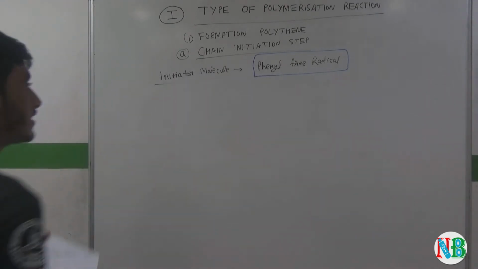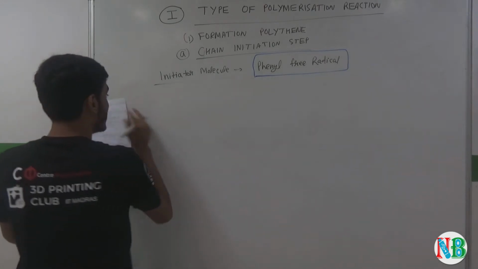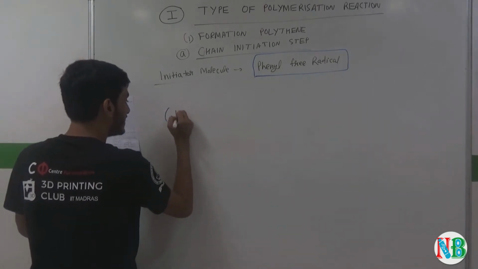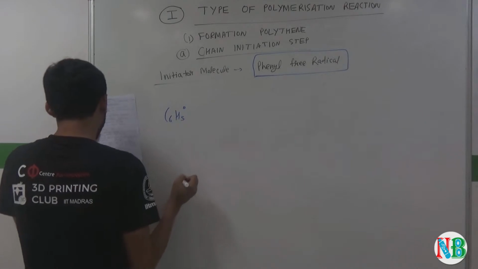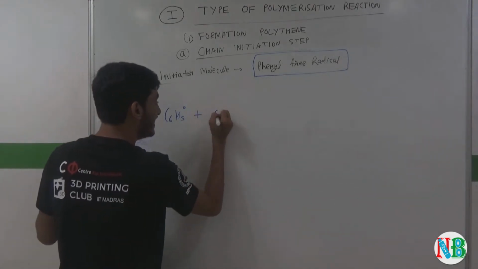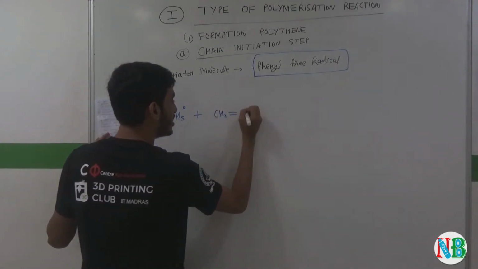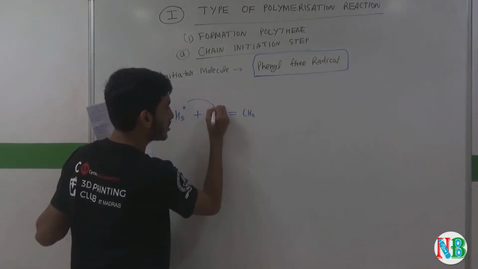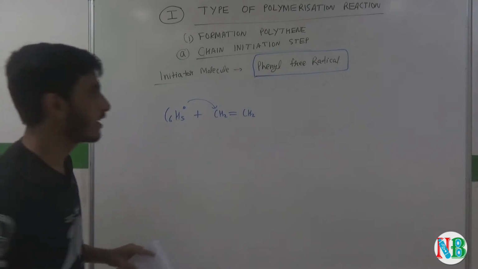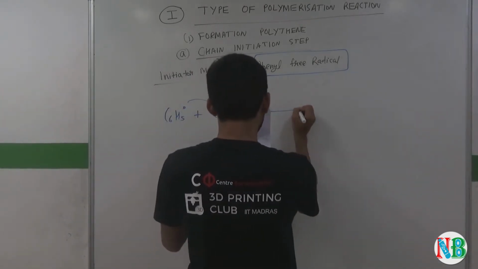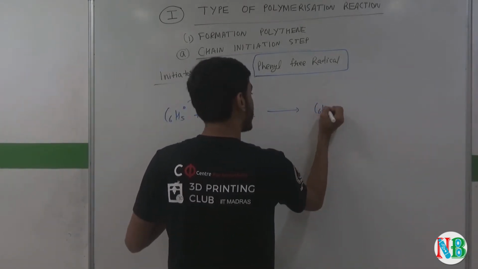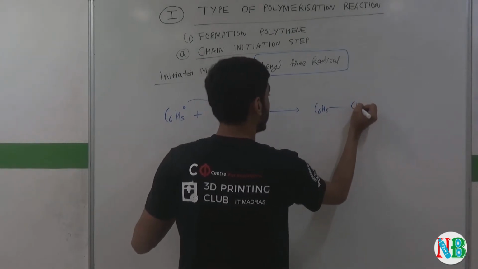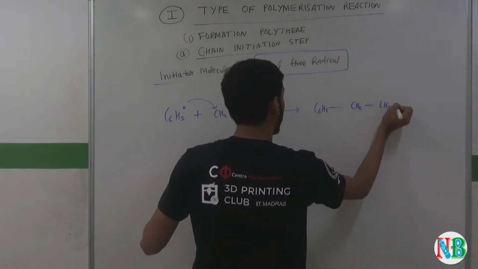Okay, then after this, the second thing happens. This phenyl free radical C6H5 dot goes on to react with ethene, that is CH2 double bond CH2. This radical attacks on this atom and ultimately it forms C6H5 single bond CH2 single bond CH2 free radical.